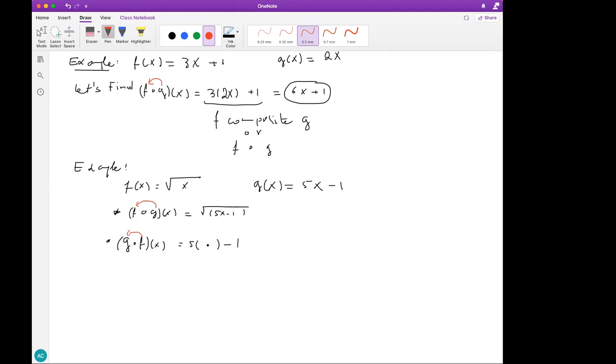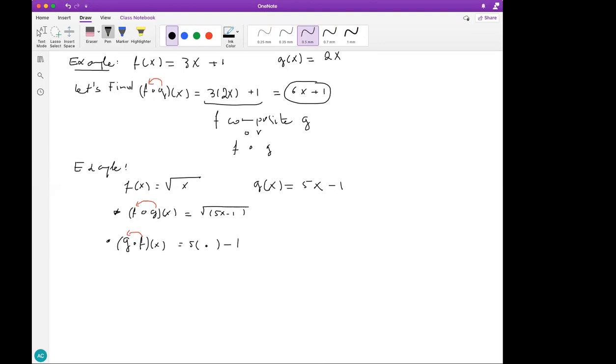What goes into the parentheses now? The function f. What is the function f? It's given. What do we plug inside the parentheses?